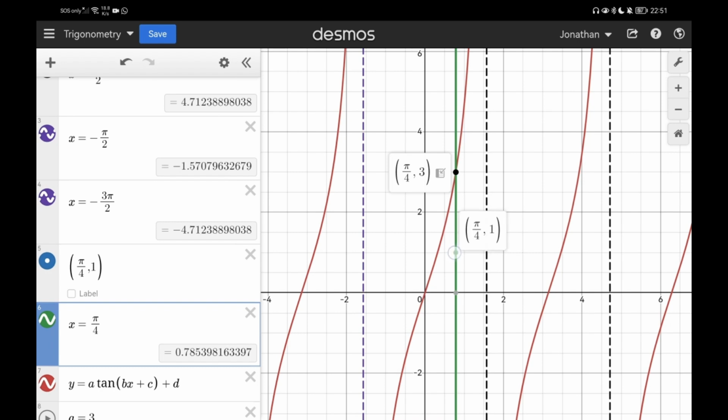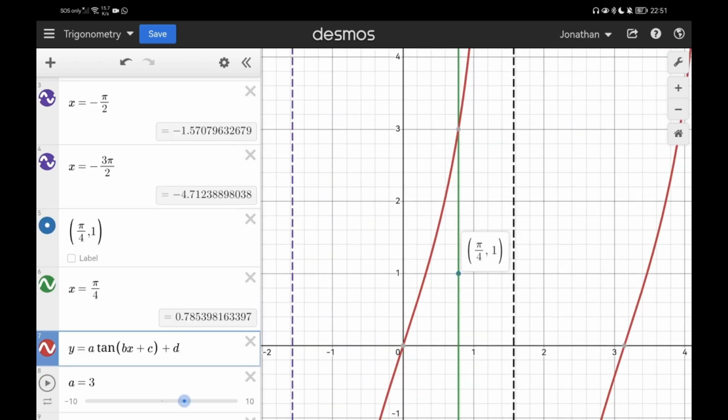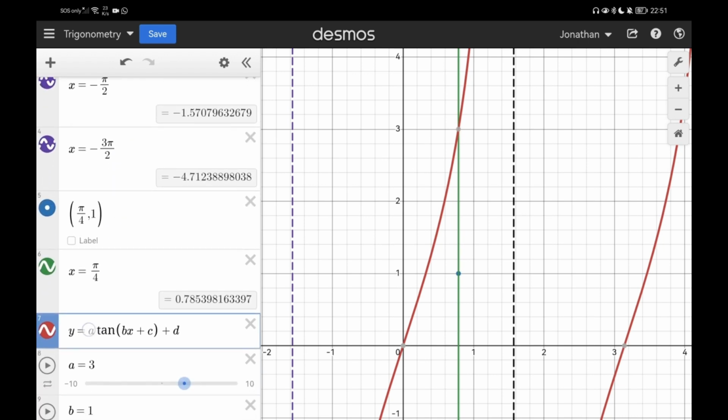From the 1 to the 3, which means its original value 1 times 3. To say that the tangent graph undergoes stretching in the y direction, where 3 is the scale factor.